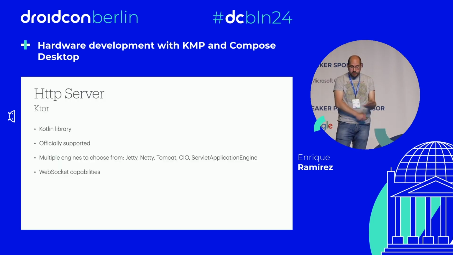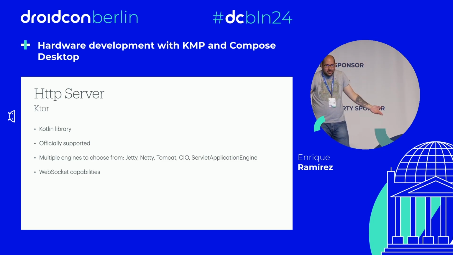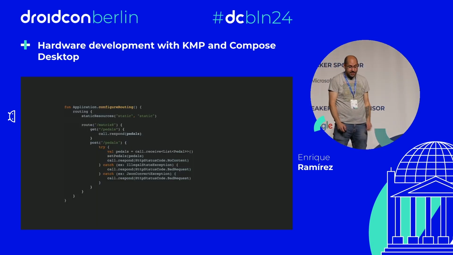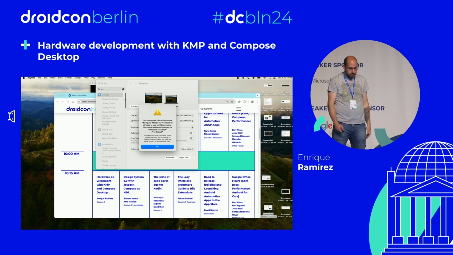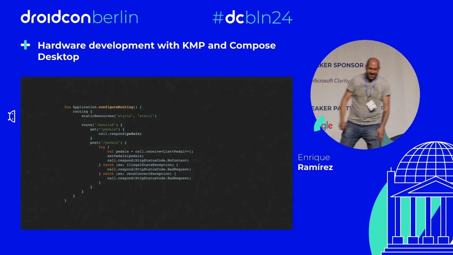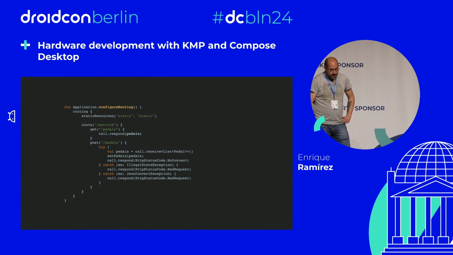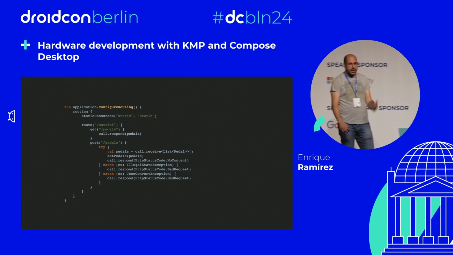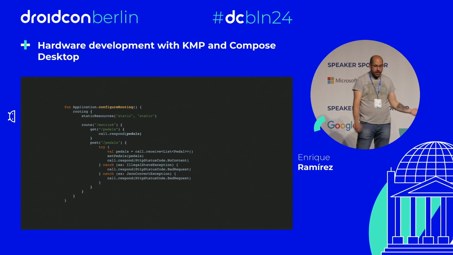And from there, now that you have that, you can create your HTTP server. And we are in KMP, and the easy thing is just to use Ktor, right? Ktor is a very nice library, and it lets you create a REST service very easily.